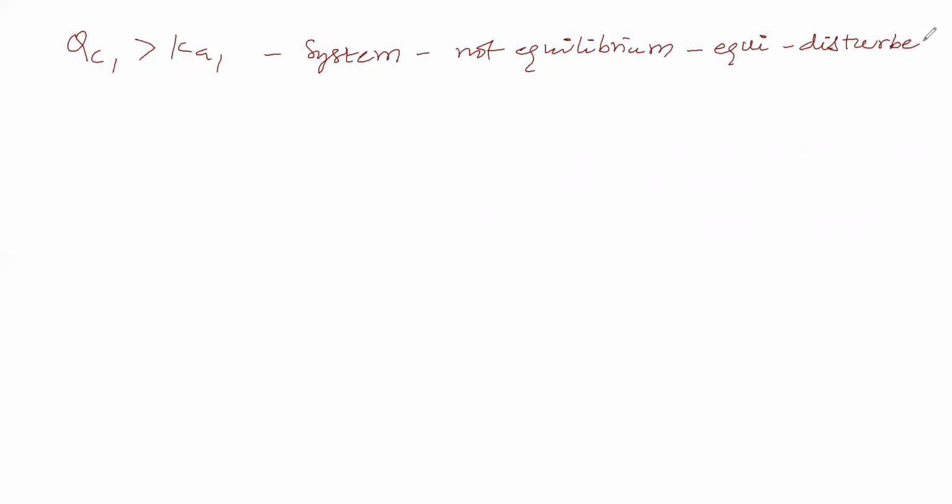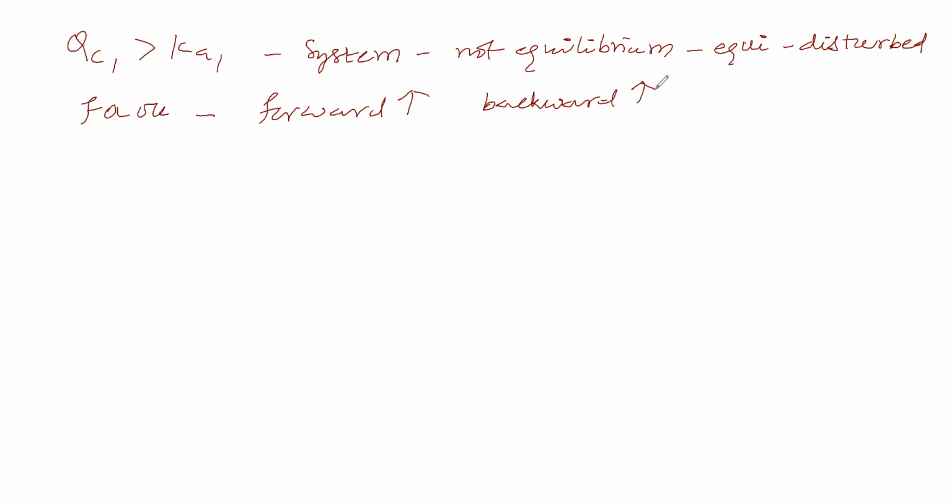Equilibrium is disturbed means the system favors either the forward reaction to increase or the backward reaction to increase. Any one possibility is there.